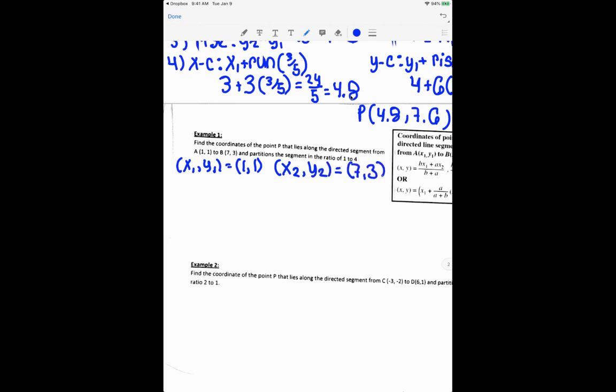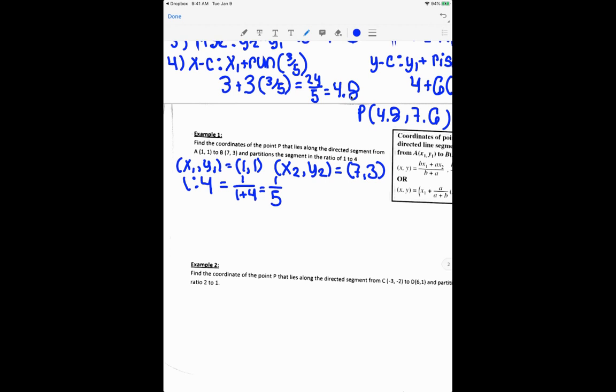Then we can follow the same steps we did above. So our next step was we figured out what is the fraction. So we need to convert that ratio into a fraction. So 1:4 is going to be equal to A over A plus B. So it's 1/5. That's our ratio we're using.